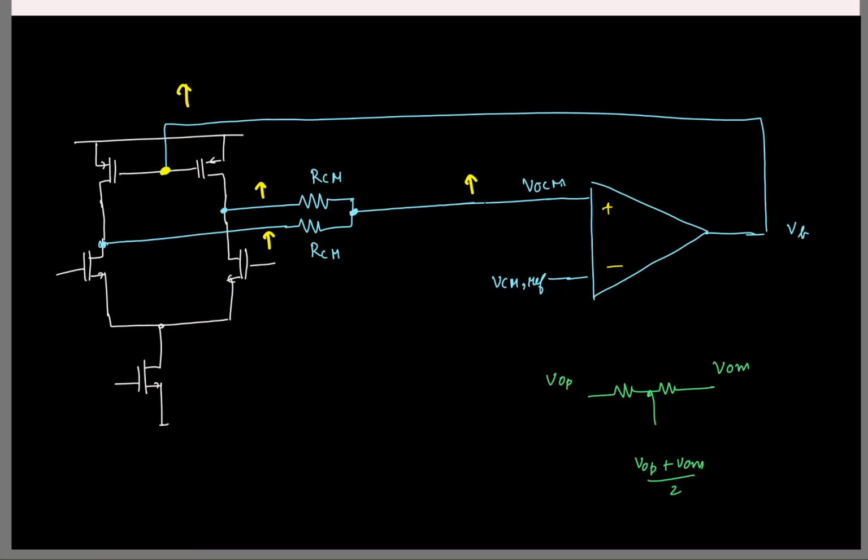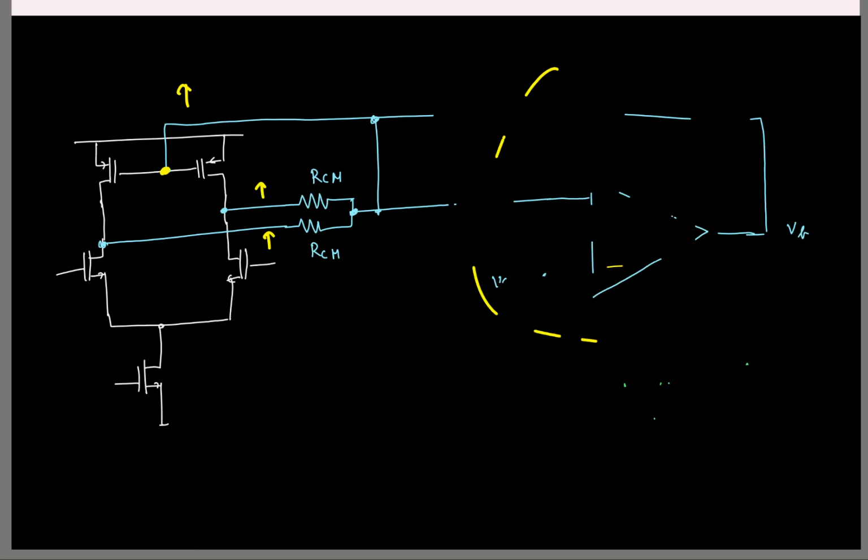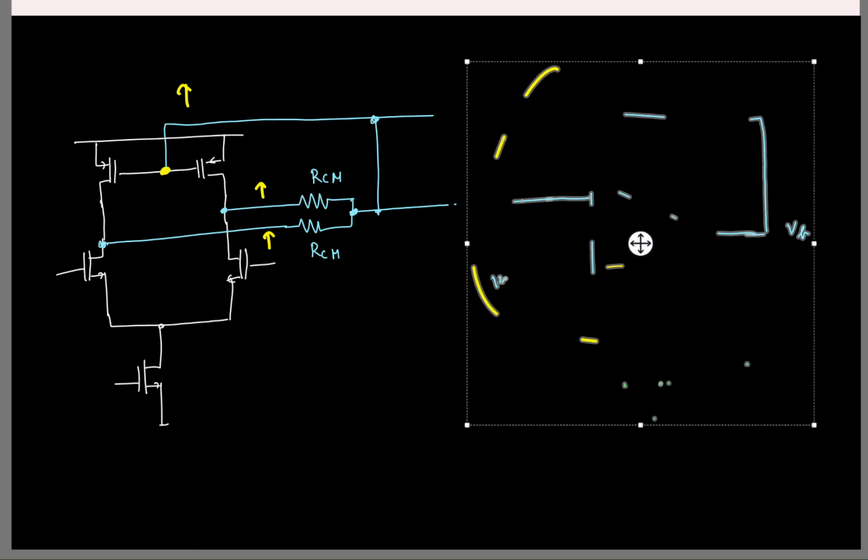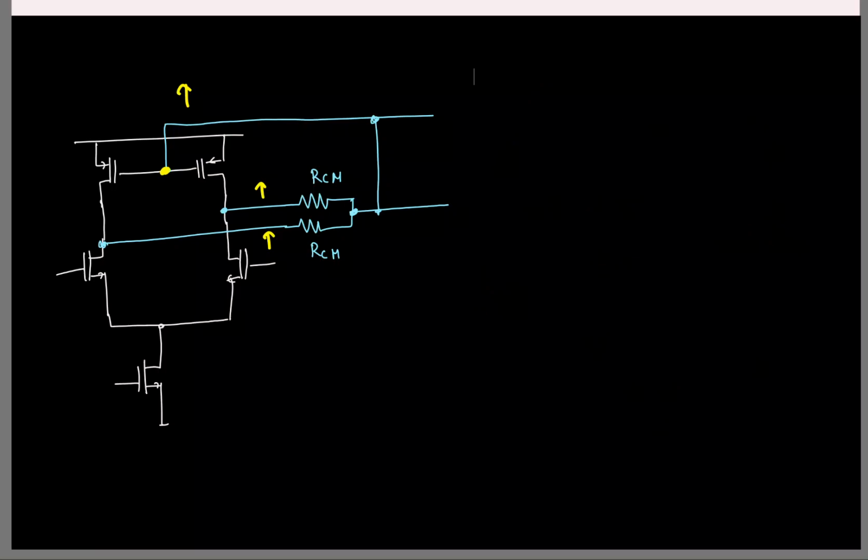Okay. Now forget, instead of using an op amp, if you think about it, if this voltage increases, I want to increase this voltage. What is the simplest connection I can make here? I can connect the two, right? So that is the simplest common mode feedback you can have, wherein I'll simply connect the two like this, and I don't need to use an op amp. Make sense? So I'll clean up the circuit and draw it in a more conventional way.